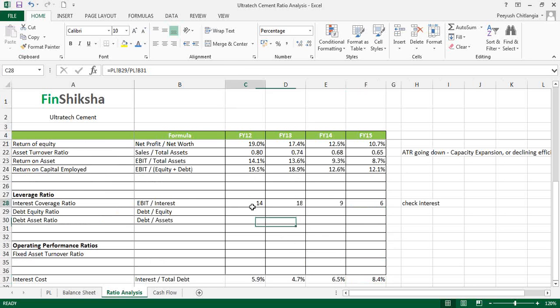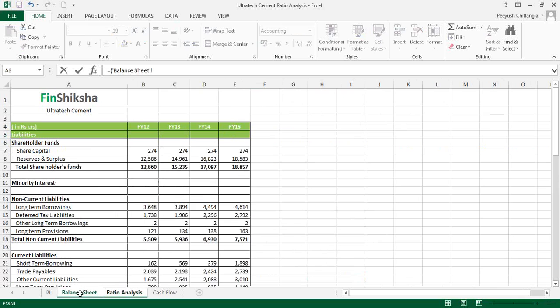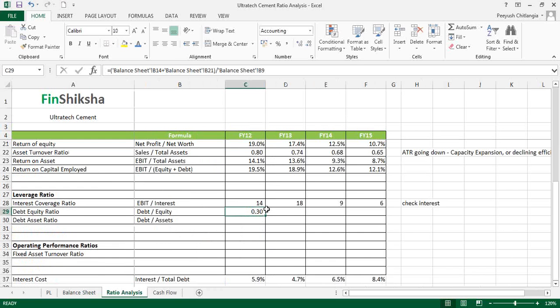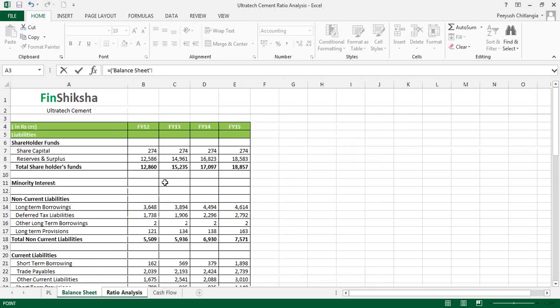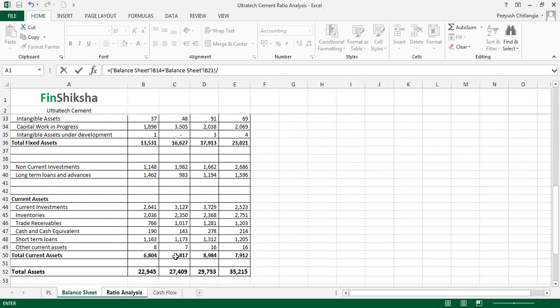So that's this bit. What is debt equity? Debt equity is the sum of the total debt, which is long term plus short term, divided by the shareholder funds, that is equity. And similarly, debt by assets is long term plus short term divided by total assets.